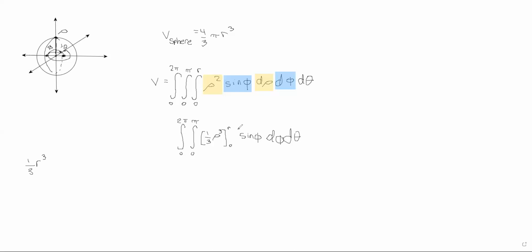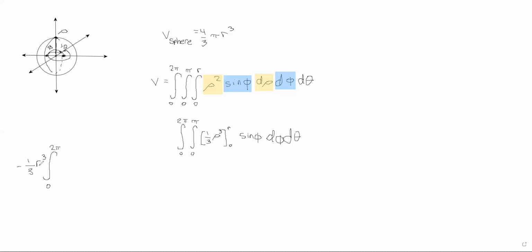And then we want to take the antiderivative of sine of phi. We know that the antiderivative of sine is negative cosine. I'm going to put the negative out front of everything to simplify things a little bit. We already took the integral of the sine of phi, so we only have one integral left. The integral from 0 to 2 pi is left over.